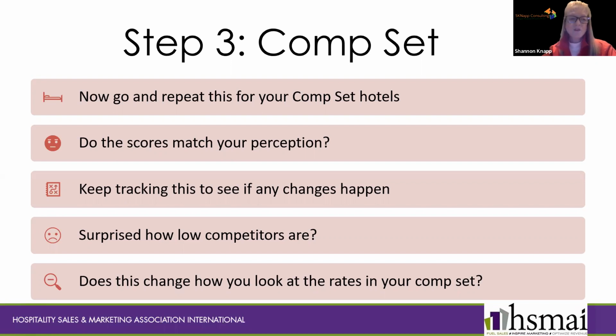And do the customers that I'm trying to target or who I'm currently getting revenue from in my hotel, do they consider the same properties when they're searching for a hotel as the ones that I think are a competitor? So tracking changes over time and also making sure that the comp set hotels you're looking at are your true competitors.